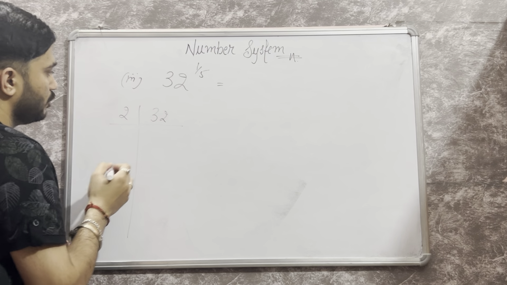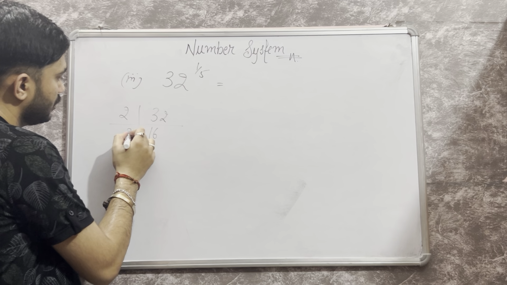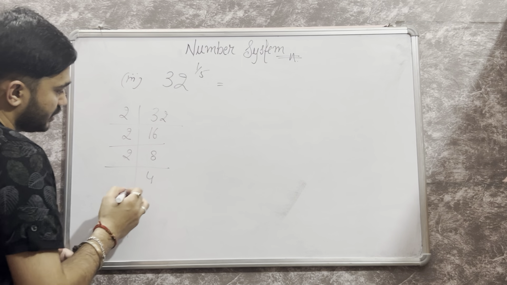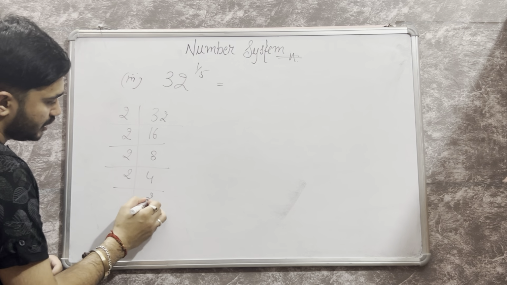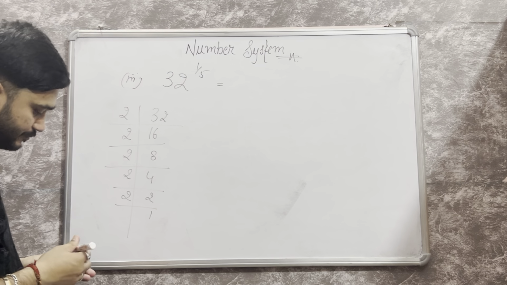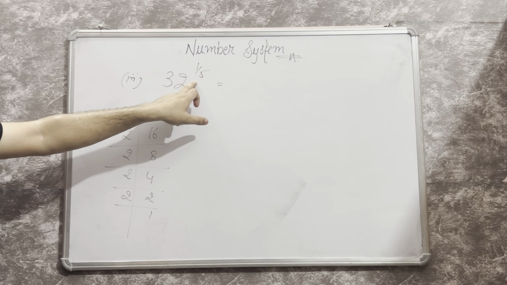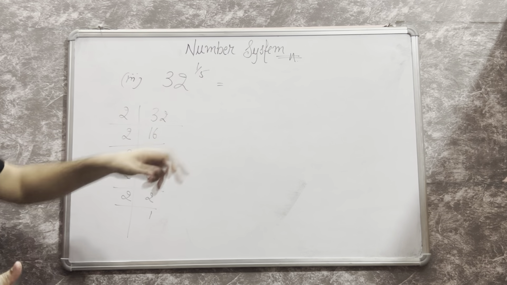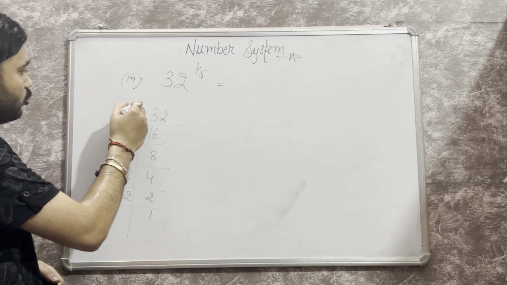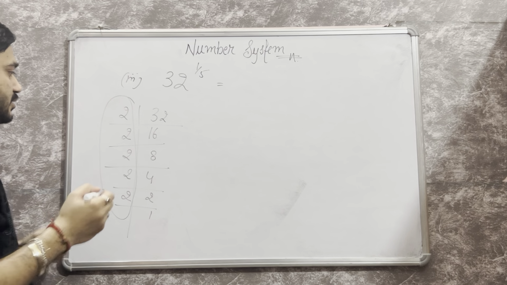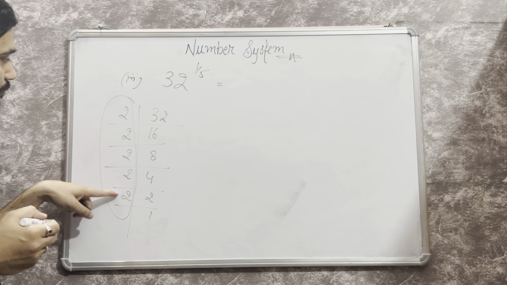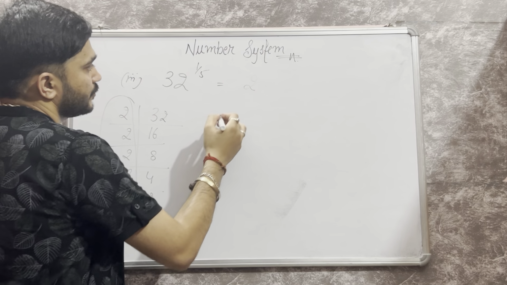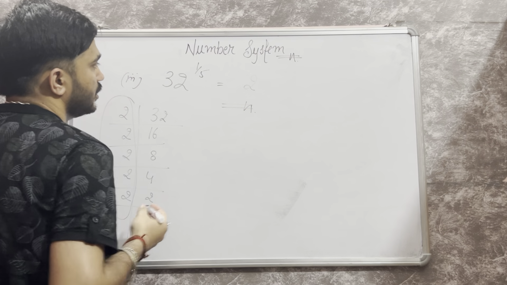Now write 2 16s, 2 8s, 2 4s, 2 2s, and 2 1s. Now see the power, that is 1 upon 5, and in the denominator we see the power 5. So we are going to pair 5 numbers in this, that is 1 2 3 4 5, and write it as one number. So we are going to write it as 2. So the answer of this question is 2. Any doubt?